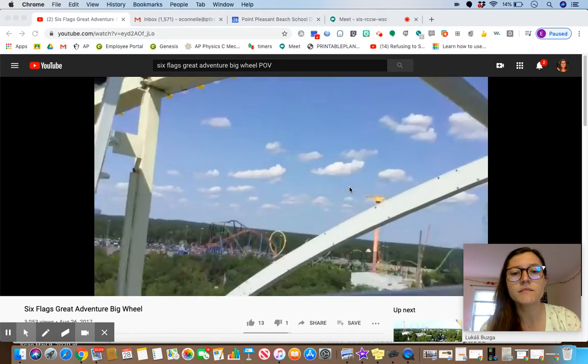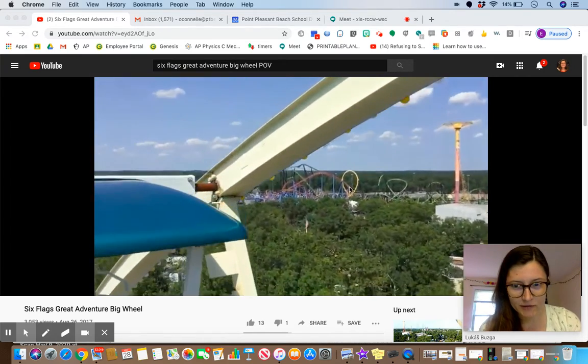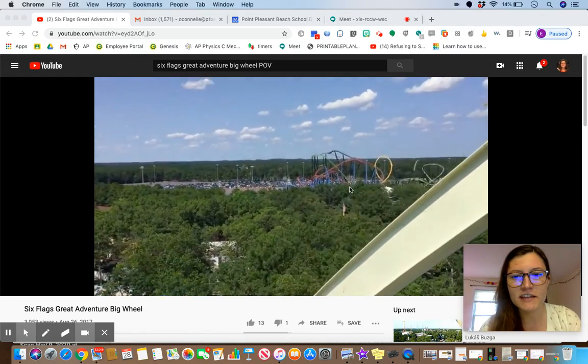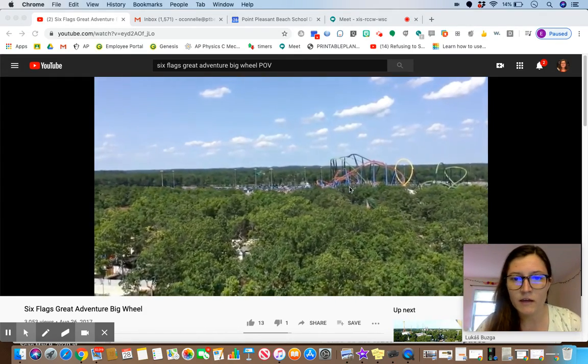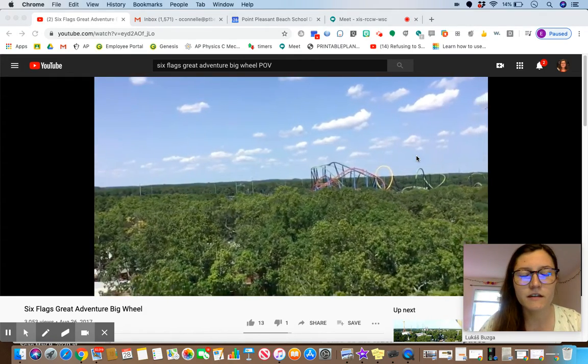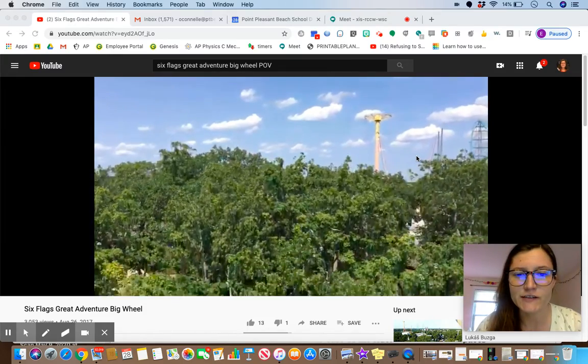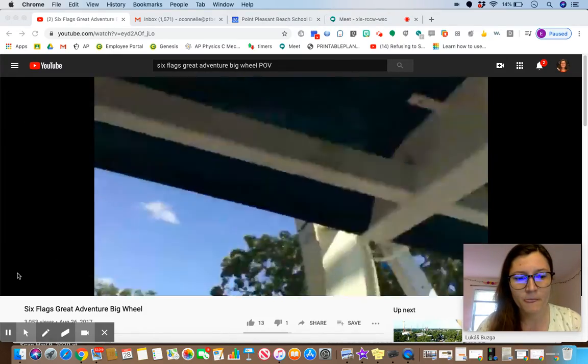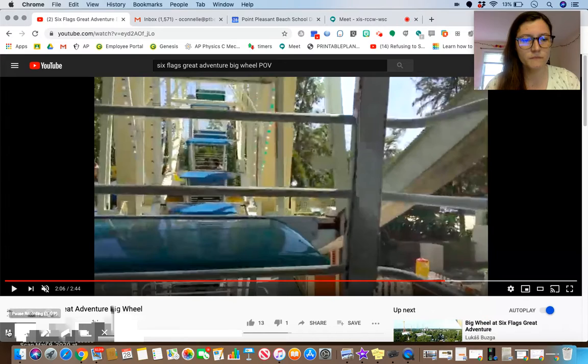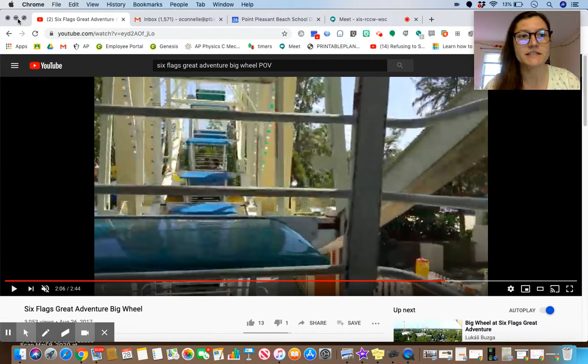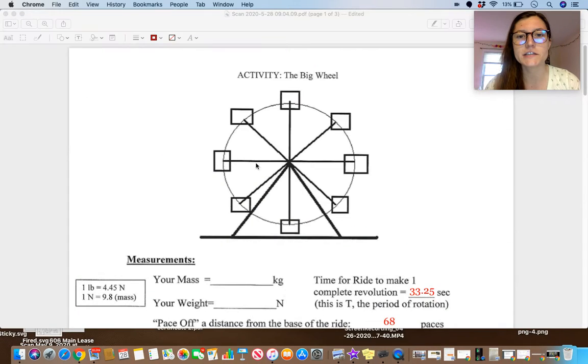Okay, so here we see that we are currently riding the big wheel. This comes from the link from the activity that was posted in Classroom yesterday. And from our assignment in Classroom that is posted today, we're going to take a look at this activity.